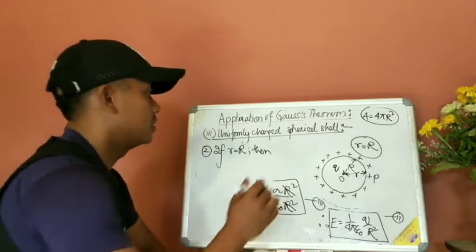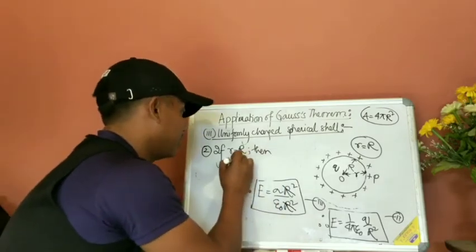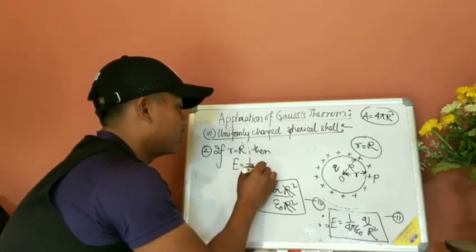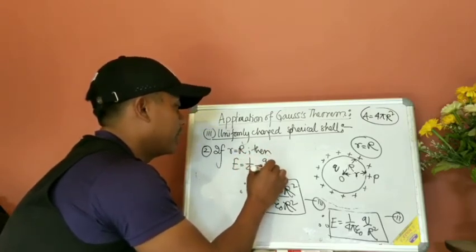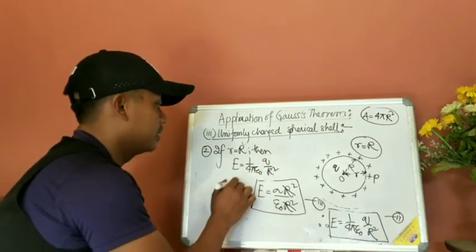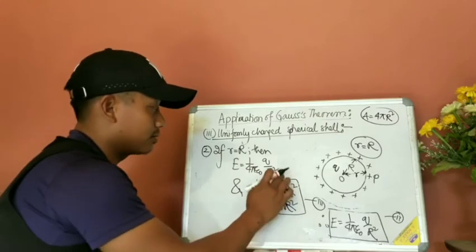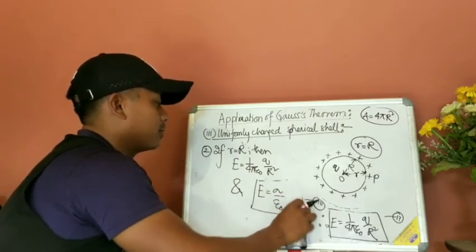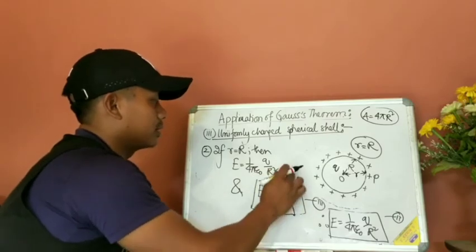So your electric field in the first case will be 1 by 4 pi epsilon naught q divided by r square, and here r square cancels and you get sigma by epsilon naught.